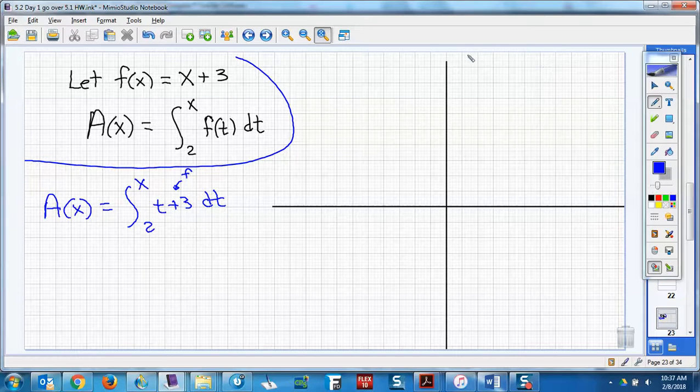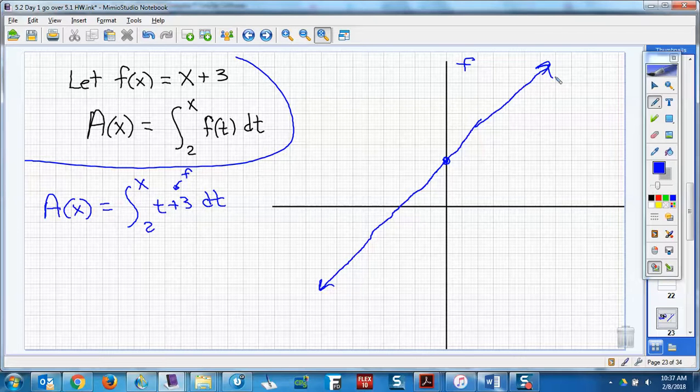So now I'm going to graph over here little f. So what does little f look like? It's a line, goes up 3, slope of 1. I don't care if you think of that as t plus 3 or x plus 3, it doesn't matter. It's the same line. That's little f.